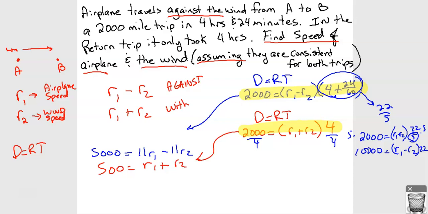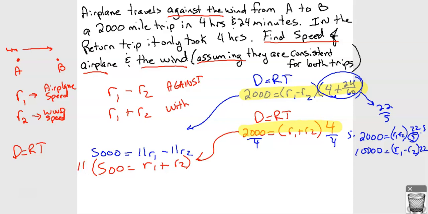Using elimination, you can choose to cross out your R1s or R2s. It's totally up to you. I would probably solve for R1, so I'm going to multiply this bottom one by 11.